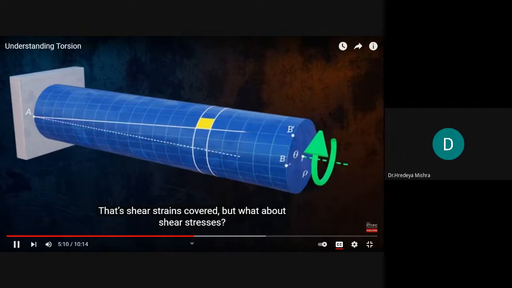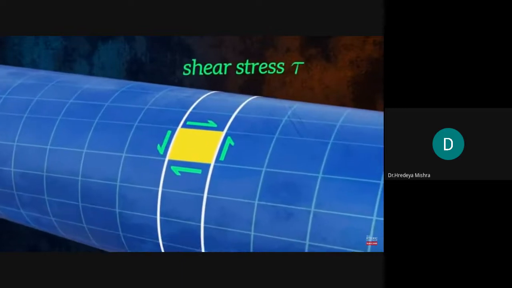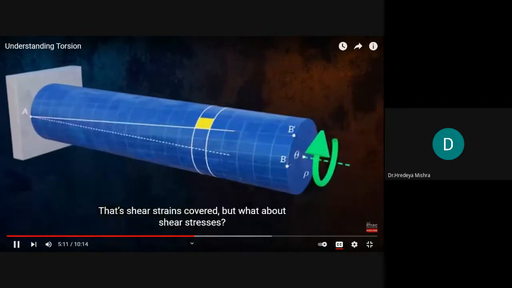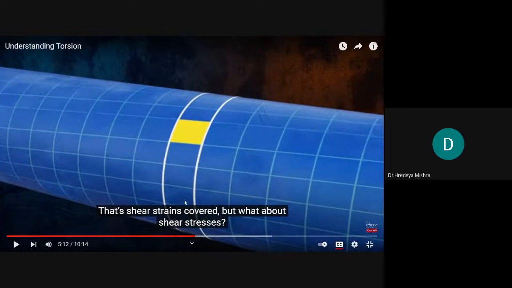But what about shear stresses? Now shear strain is denoted by gamma and shear stress is denoted by tau. So what about the tau? Because if we get the strain, with the help of strain we can easily find out the stress.